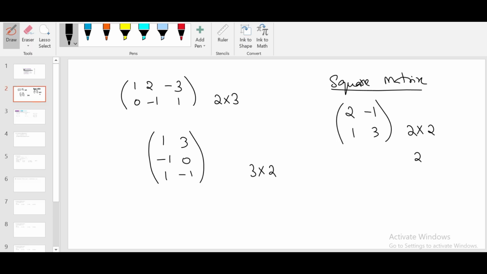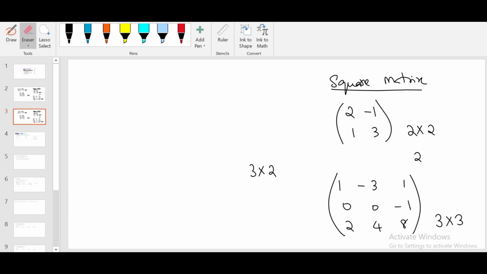Then 1 -3 1 0 0 -1 2 4 8. The order of this matrix is 3 times 3, 3 by 3. This is also a square matrix. Understand? Copy that please.